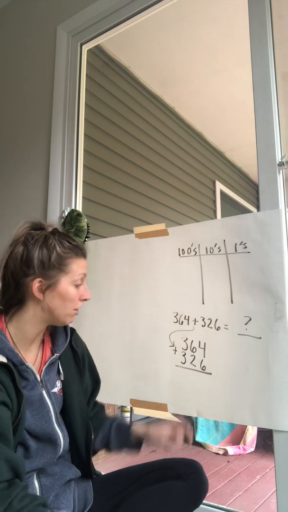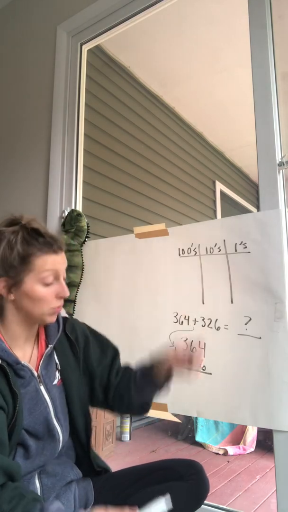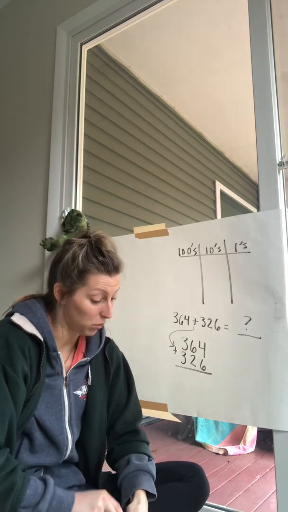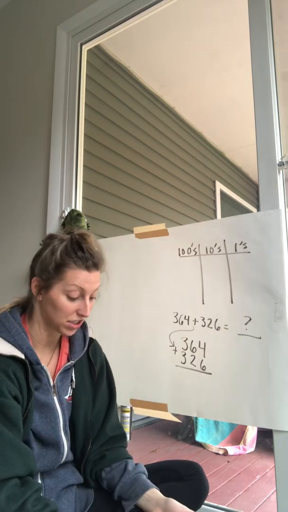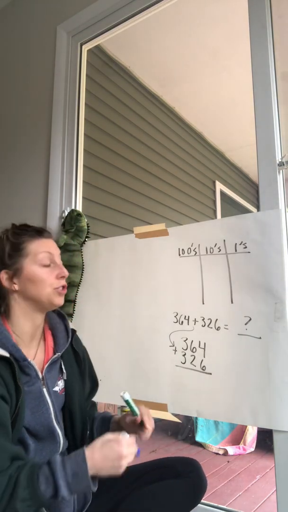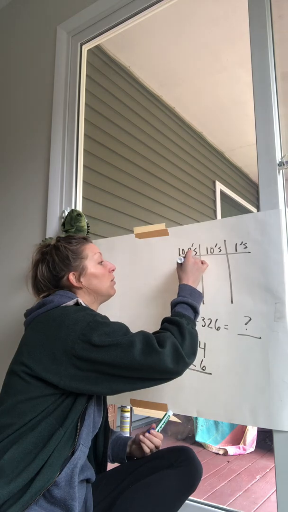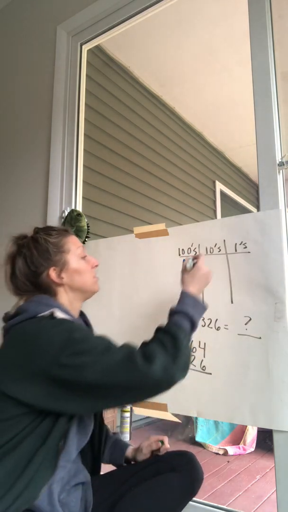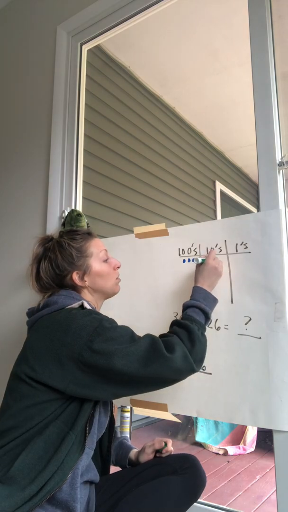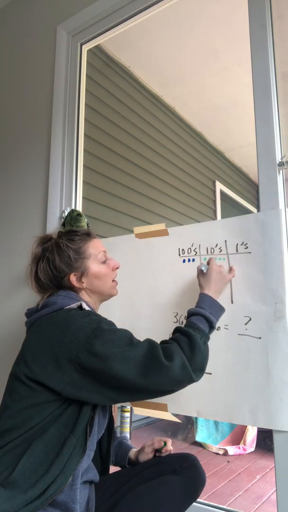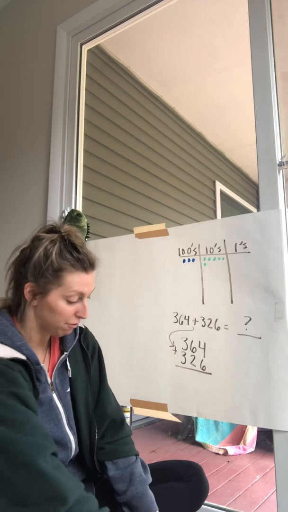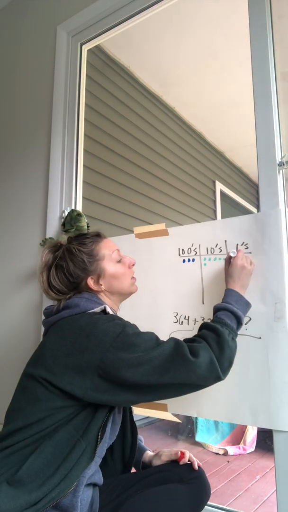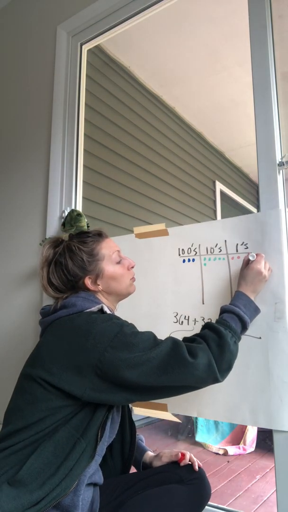Okay, so you start off with, I'm going to use my place value discs and I'm going to show 364. So how many hundreds do I have? I have 300, so I have 1, 2, 3. How many tens? I have 6 tens: 1, 2, 3, 4, 5, 6, and I have 4 reds: 1, 2, 3, 4.